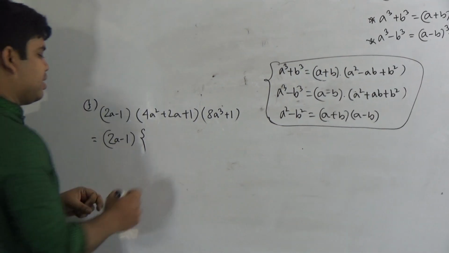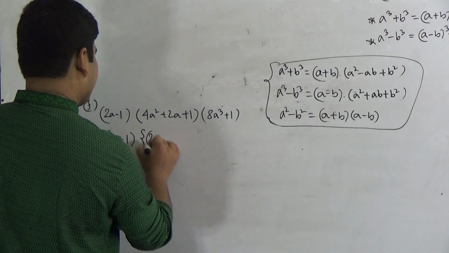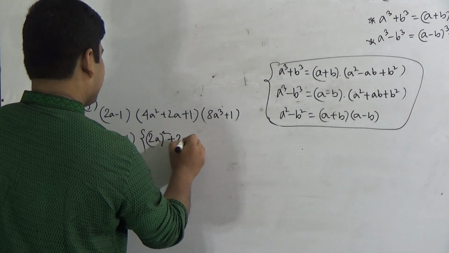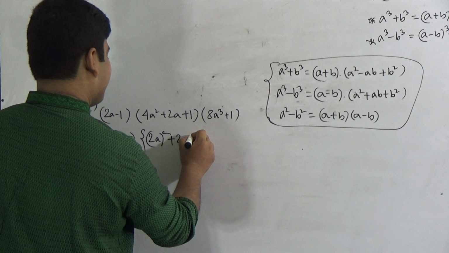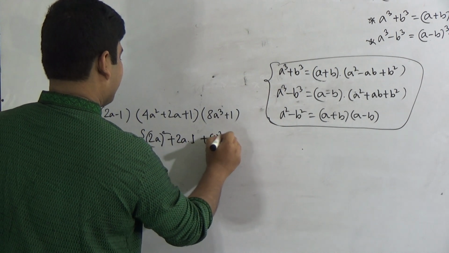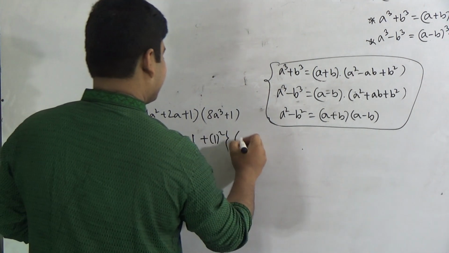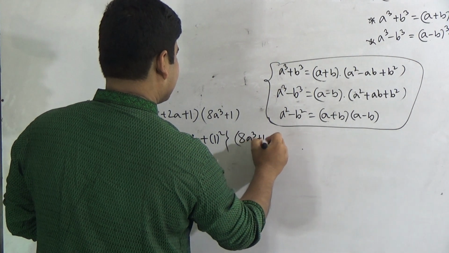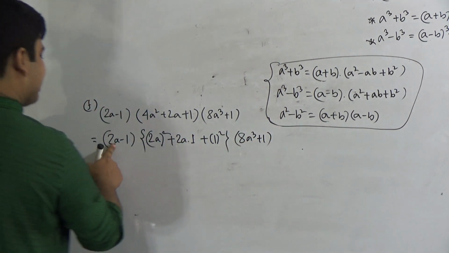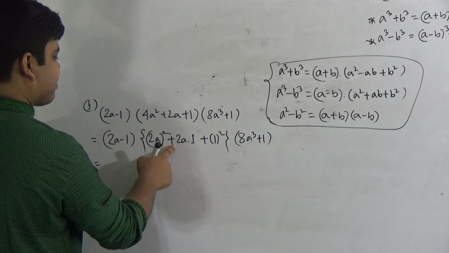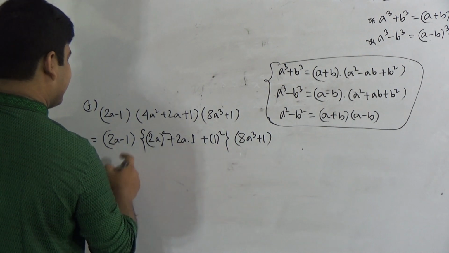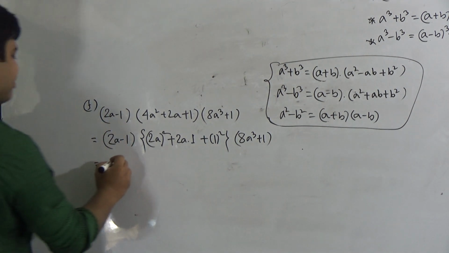So a minus b into a square. A means 2a whole square. Okay, 2a ab. A means 2a, b means 1. So 1 whole square, and this remains unchanged, 8a cube plus 1. So my dear student, (a minus b) into (a square plus ab plus b square), that is a cube minus b cube formula is applicable.